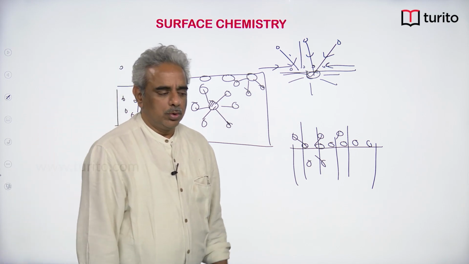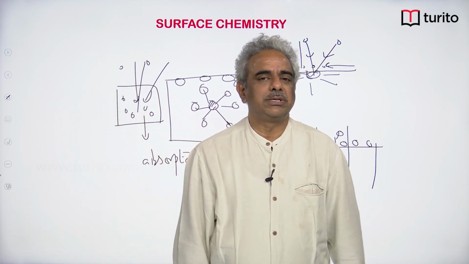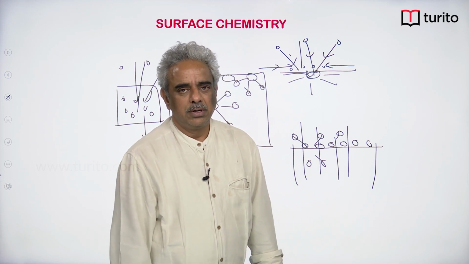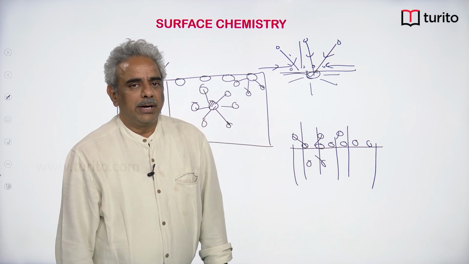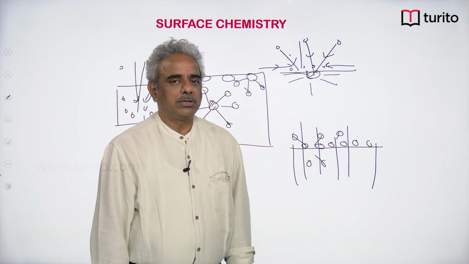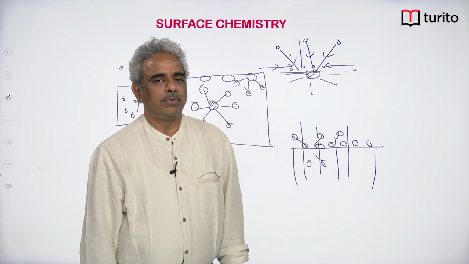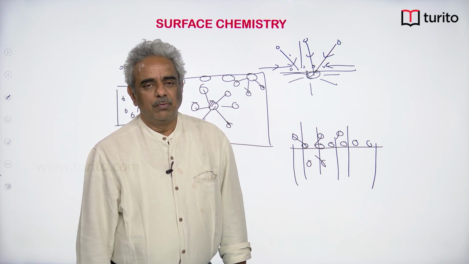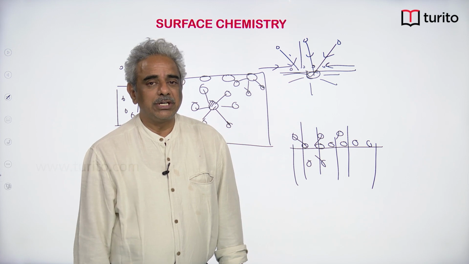If the particles of the second substance stay only on the surface, get accumulated on the surface, confined to the surface, restricted to the surface, we call such phenomenon adsorption.